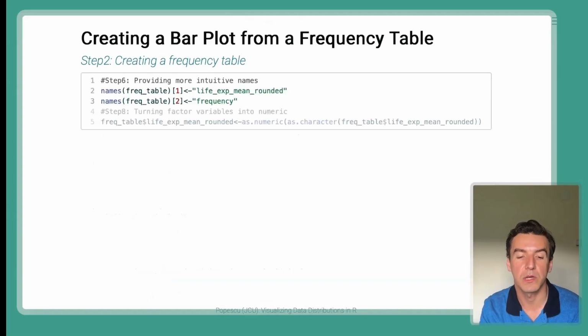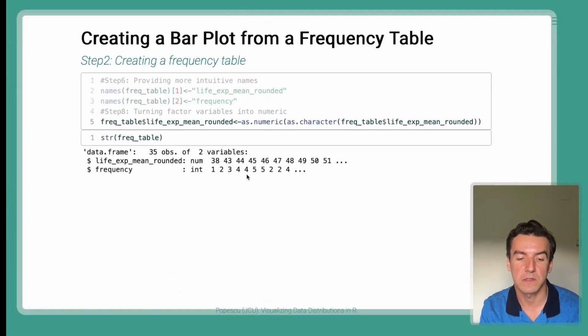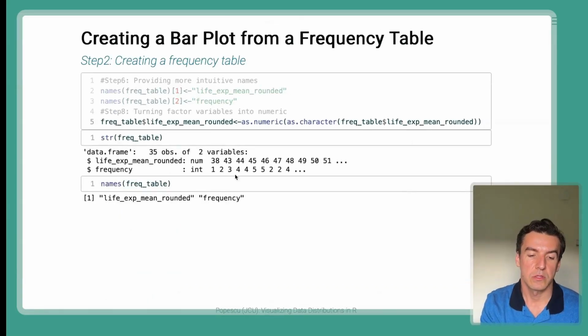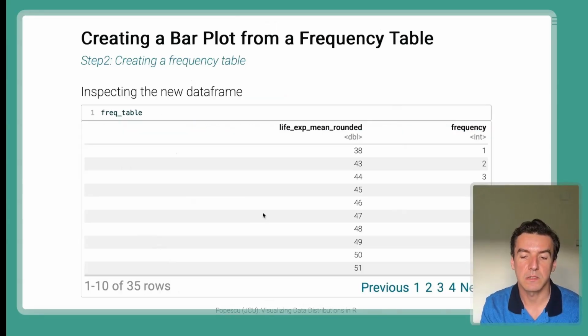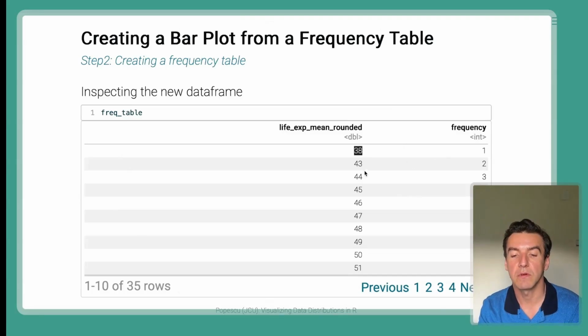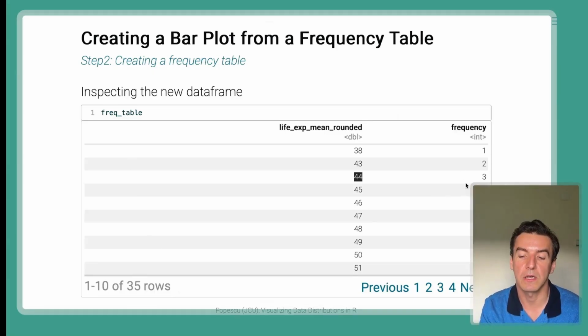So that is the point of performing this step. Just to confirm once again, these are the new variable names, and this is what they look like. Once again, the new data frame captures how many countries have a life expectancy of 38, how many countries have a life expectancy of 43, how many countries have a life expectancy of 44. And you can clearly see them here.